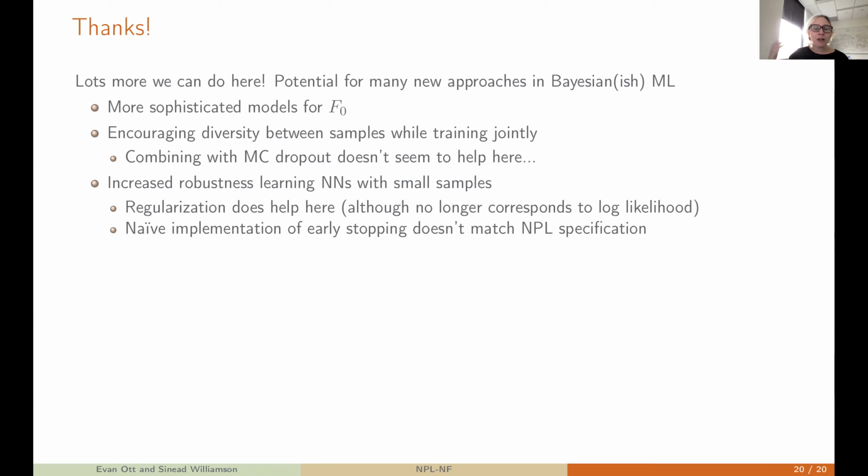Unfortunately, because of the way that this is constructed, having this idea of a loss that's an expectation of a per datum loss over the data generating mechanism, we can't use, or we can, theoretically we shouldn't use some of the popular machine learning tools like early stopping because they don't correspond to the sort of loss we're looking at. So I think that robustness is a really big issue with working with small data.